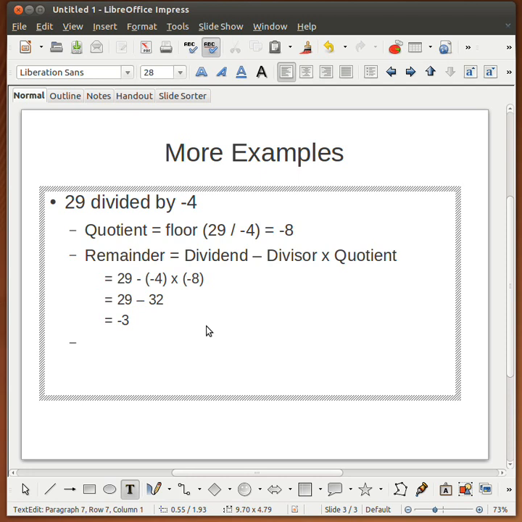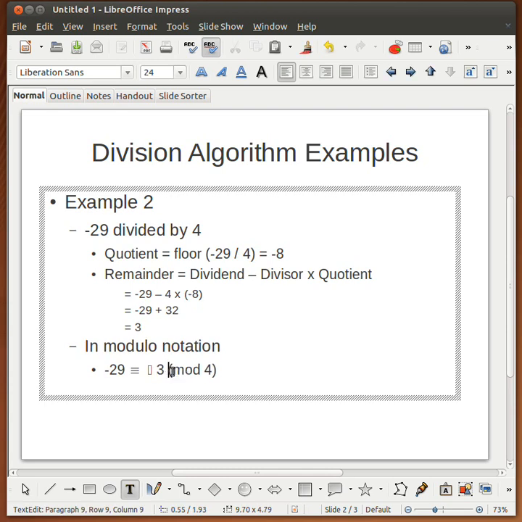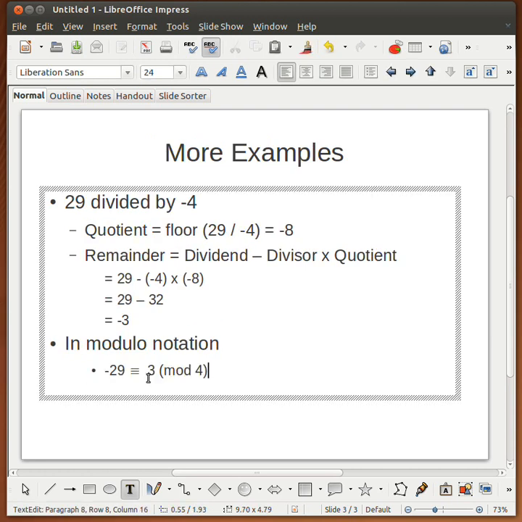So in modulo notation, 29 will be equivalent, oops, I'm sorry, let me go back here. And then I will copy this here all the way. 29 is equivalent to -3 modulo -4.